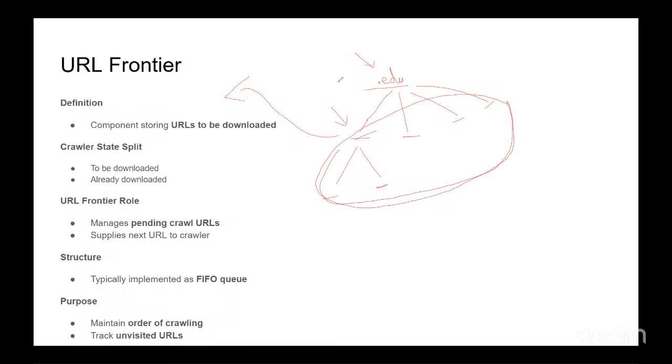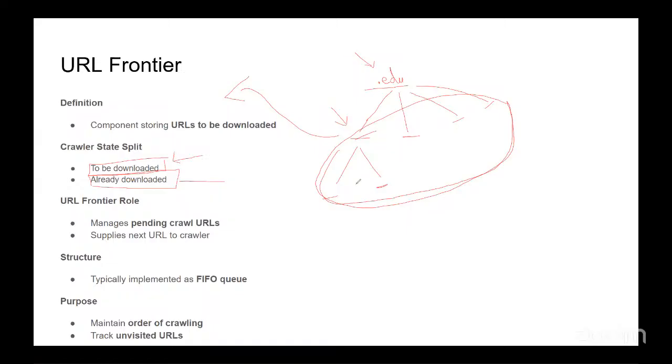So the URL frontier has those URLs, and then we can also split the URLs based on this crawler state. Let's suppose some of the URLs have already been downloaded, then those can be placed inside this category, and the URLs that have yet to be downloaded will be placed in this category.